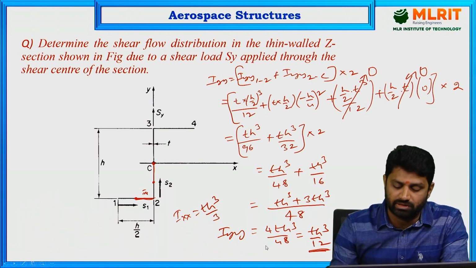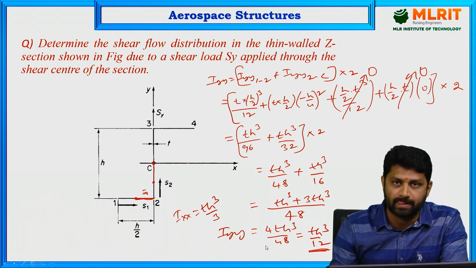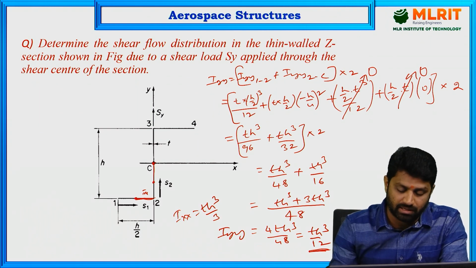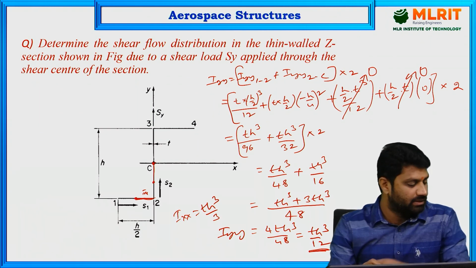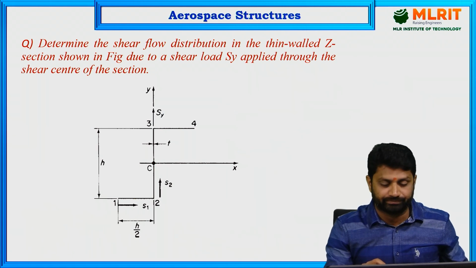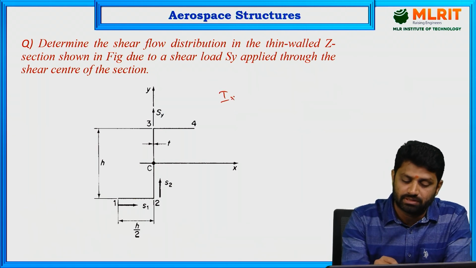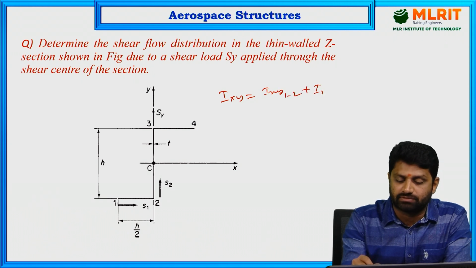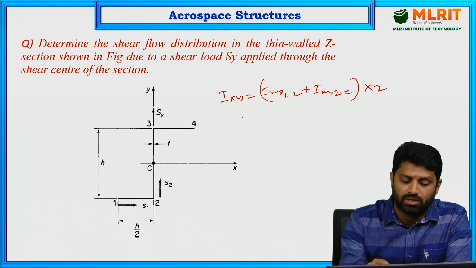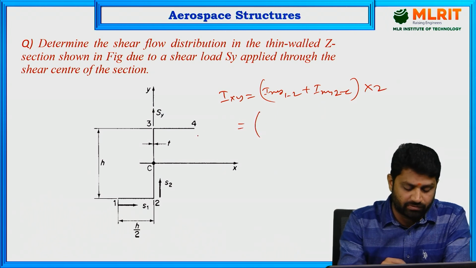And next you have to find out IXY. Okay. So IXY also you can consider in a similar manner. IXY again is a combination of IXY for 1 2 plus IXY for 2c, and you can multiply by 2. For 1 2, the area is t into h by 2 into x bar.